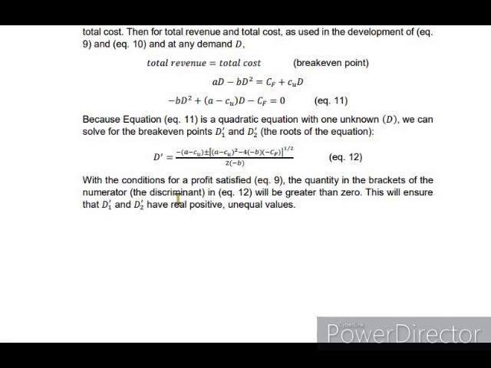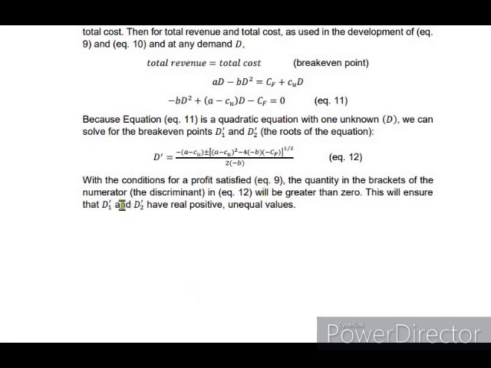Okay, so D is equal to the quantity minus the quantity A minus C sub U plus or minus the square root of the quantity A minus C sub U squared minus 4 multiplied by negative B multiplied by negative C sub F, all raised to 1/2, all over 2 multiplied by negative B. So it used the roots of the equation formula for a quadratic equation.